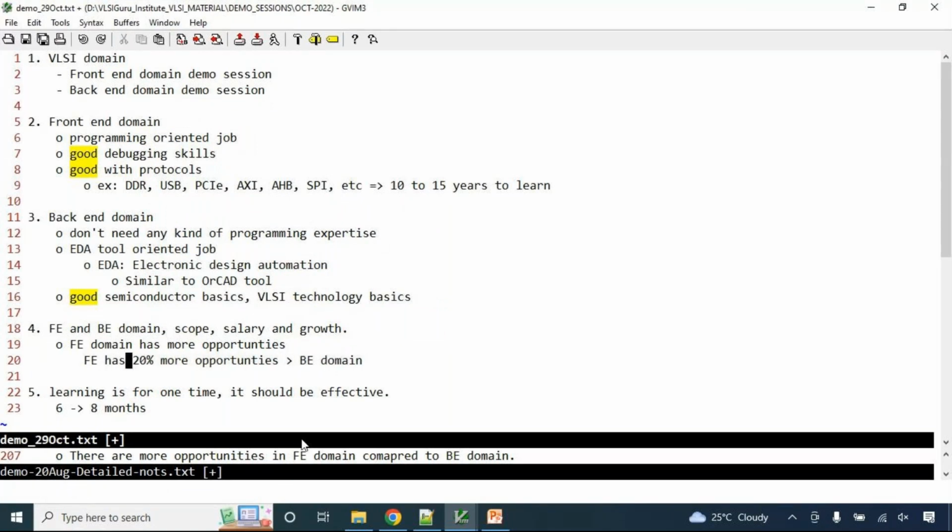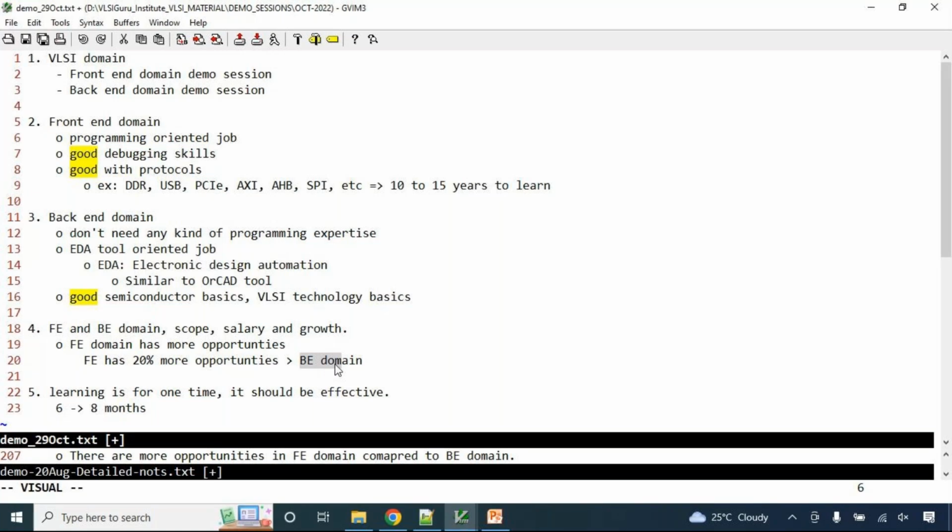That's my observation. Why is it so? In the front-end domain there are a lot of small companies and startups. In VLSI, it is very easy to set up a front-end domain company, because you don't require any investment there. In the back-end domain, it involves a cost, because there are a lot of tools to be purchased.